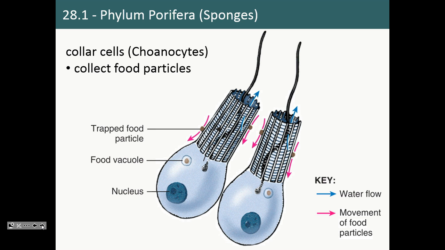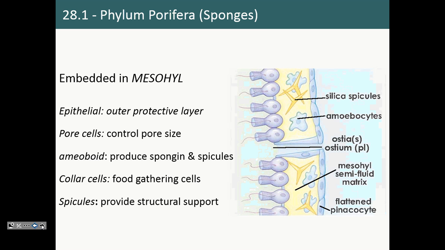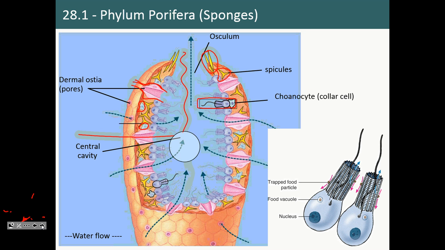Their flagella are going to beat constantly, creating a water current, and that water current is going to draw fluid in through the pores into the center. So here are all these choanocytes with their flagella pointing inward. They're beating their flagella and creating a current. So water comes in and then goes out through the central osculum.